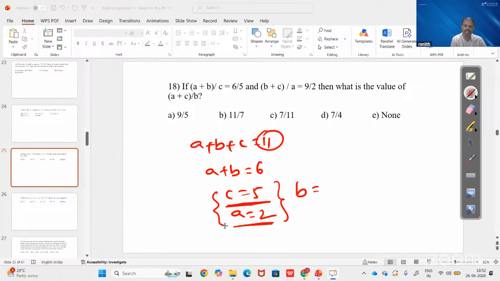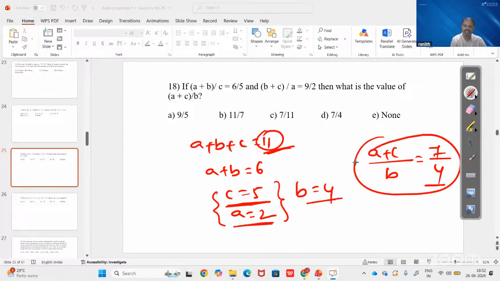Already we know A and C, then B equal to 4, remaining equal to 4. So we need to find out A plus C divided by B. B already మనకి తెలుసు 4. So total sum equal to 11. 11 లో 11 minus 4 equal to 7. So the answer equal to A plus C by B equal to 7/4.